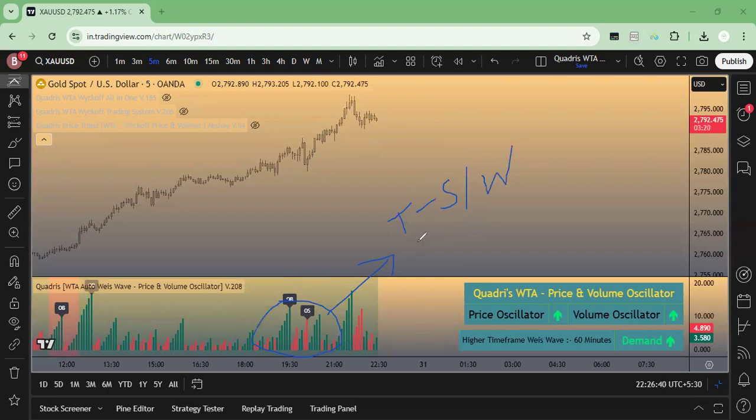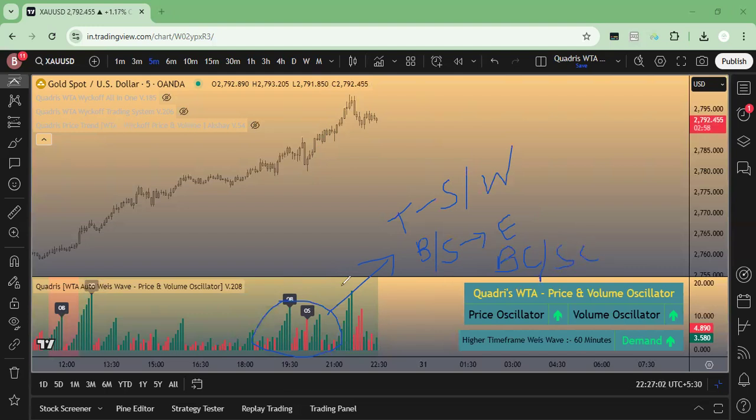Second thing is whether buying or selling is getting exhausted. Third thing, it helps a trader identify buying climax and selling climax.